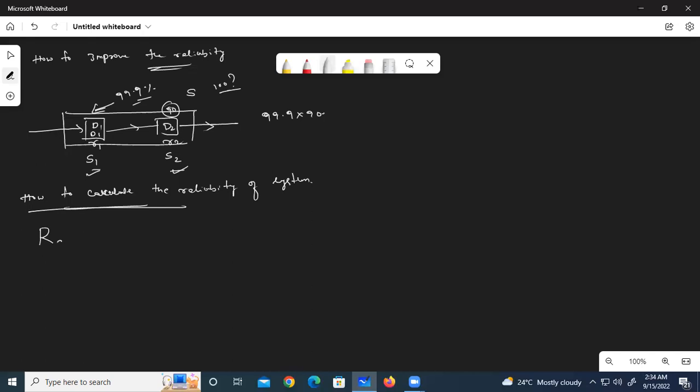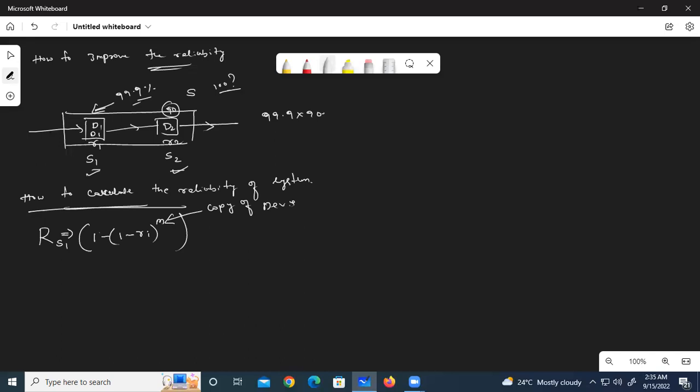Reliability of system S1, nothing but stage 1, is 1 minus, again 1 minus Ri, nothing but the reliability, whole power M, where M is the number of copies of the device you are going to use. Understood? This is the formula: 1 minus Ri whole power M. M is how many copies you are using. Here you are using how many copies? 2 copies. Yes or not? Like that you have to write it.